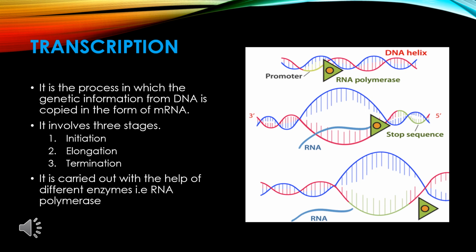Because if it is intact, if it has complementary base pairing, those bases have different numbers of bonds between them. How is it going to copy the information from DNA to RNA? So first step is to identify the initiation region, which is called promoter sequence or promoter region.